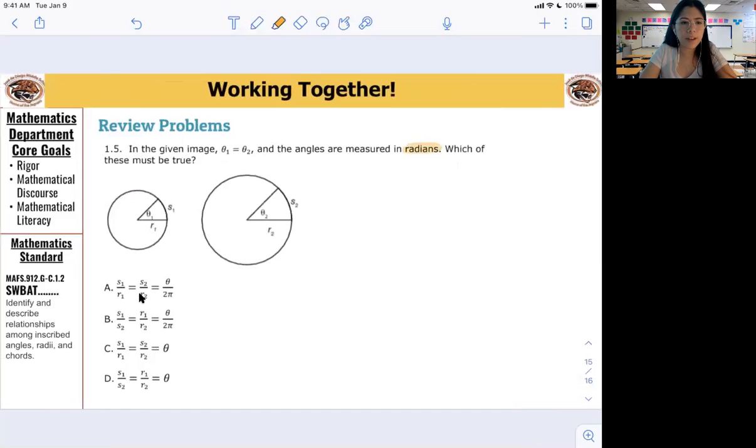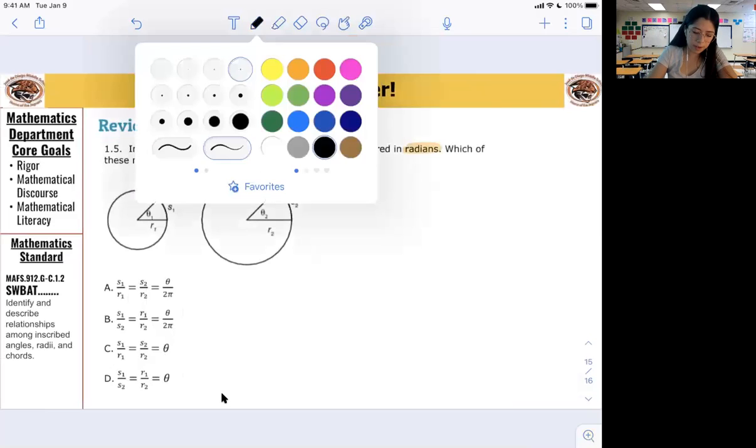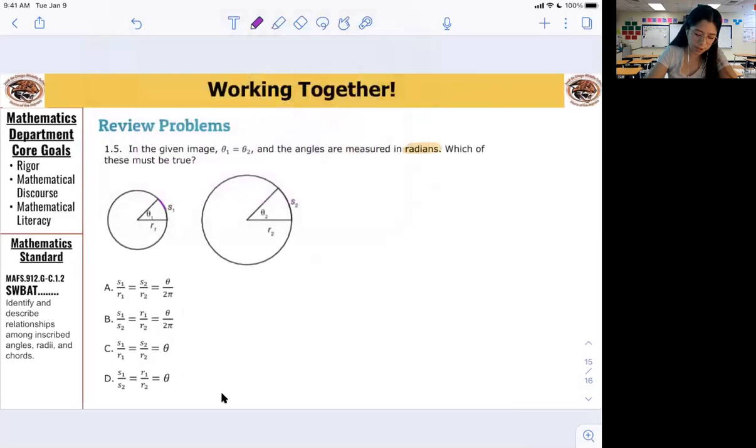So let's start by looking at the examples that we see and trying to figure out what they're doing, because they're kind of making these proportions, right? I'm seeing S1, R1, S2, R2, and then theta over 2 pi or theta by itself. We want to go back to what we just wrote down, because S is arc length.